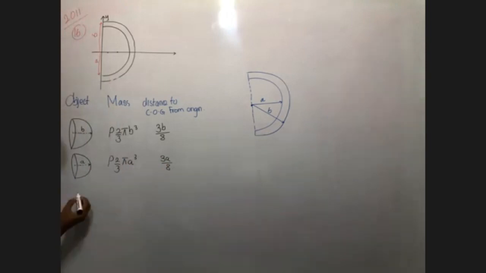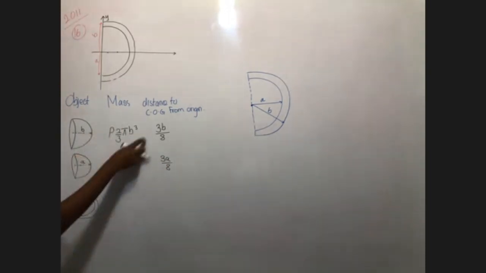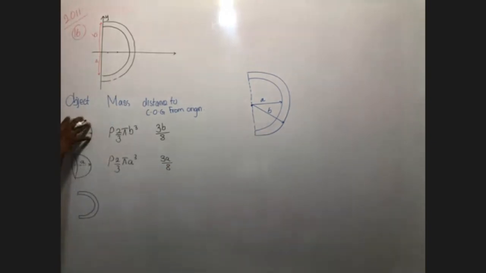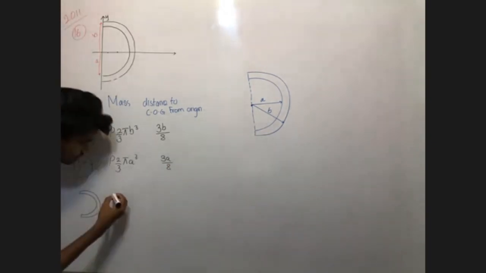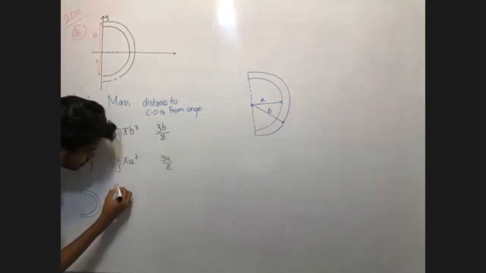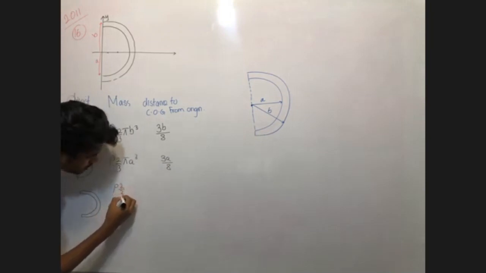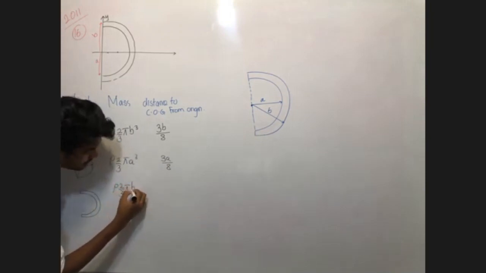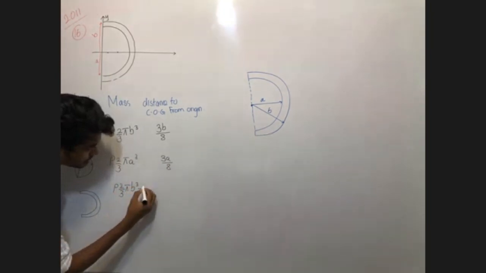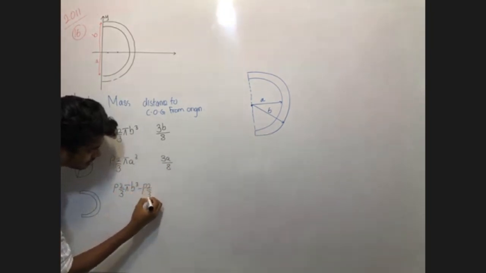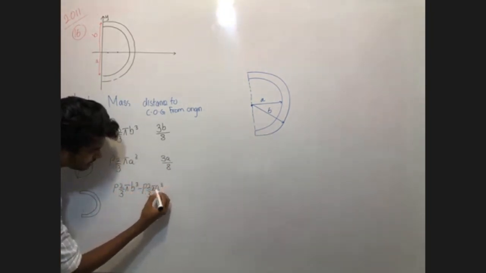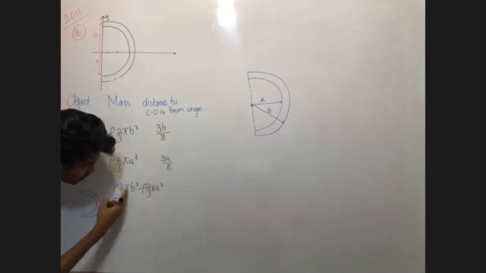So now the shell. From this, you need to subtract this. From this mass is subtracted. So rho 2/3 pi B cube minus rho 2/3 pi A cube. So what is common? Rho 2/3 pi.